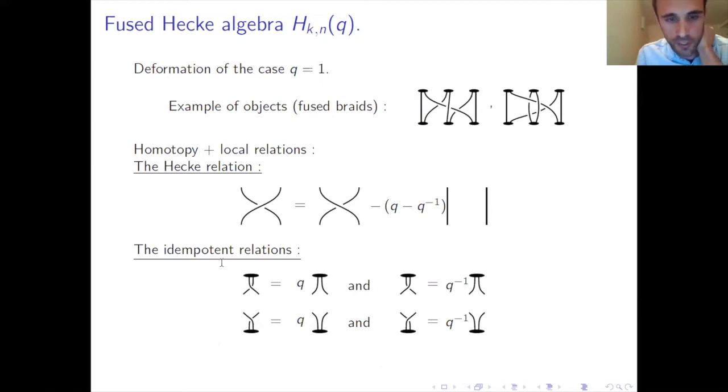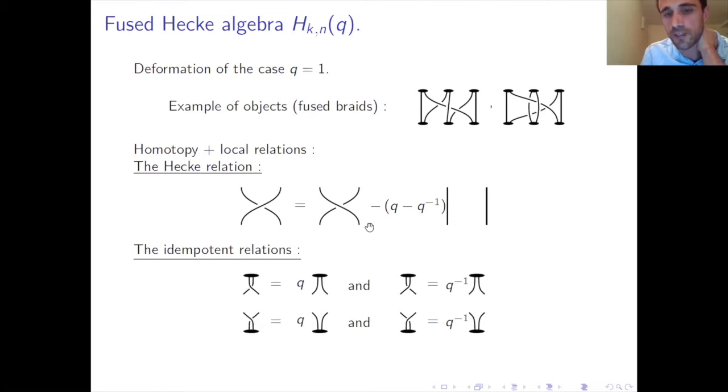Okay, so where was I? So it's the idempotent relation. So we have also this local relation, meaning that a crossing near an ellipse can be removed. There is a power of Q appearing here and here, but basically you can remove crossings when they are close to the ellipses, to the black dots here. And note that the Hecke relation near these black dots, the difference of these two relations is the Hecke relation.